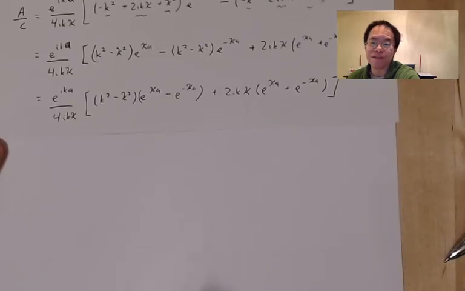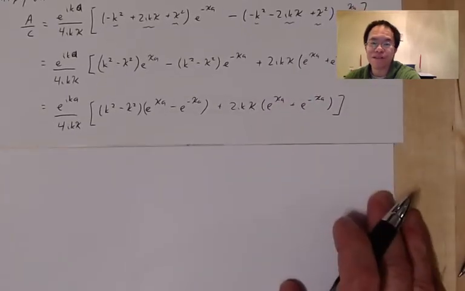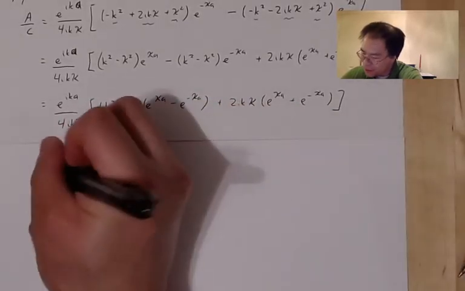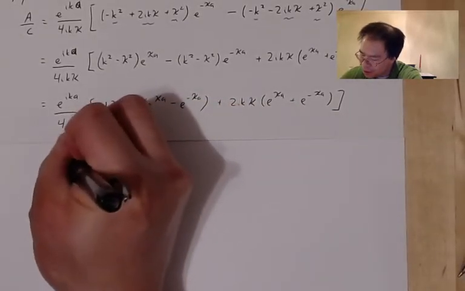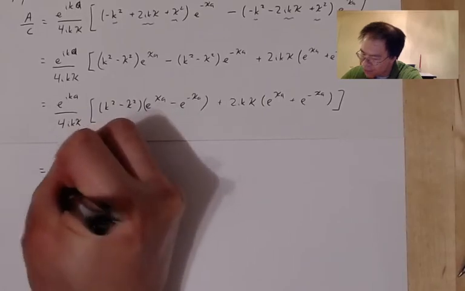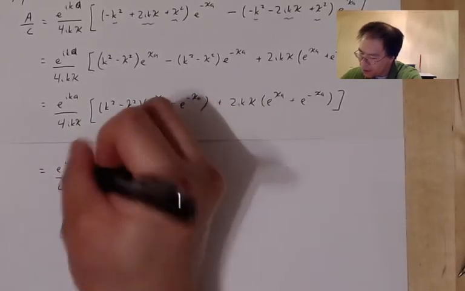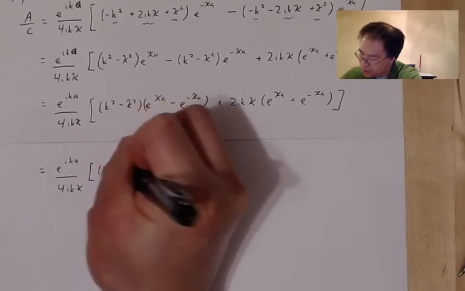Okay, let's see. I think you can see the next line of algebra. So this gives me e to the ika over 4ik kappa. So we have k squared minus kappa squared.